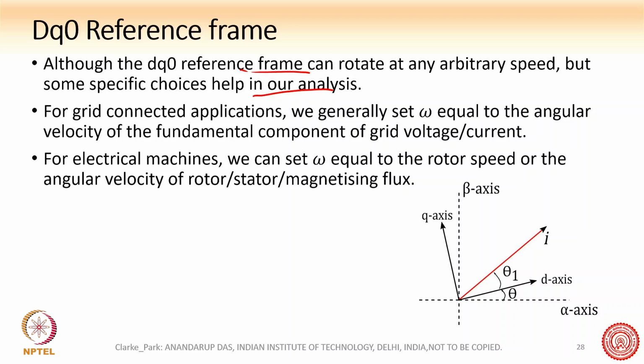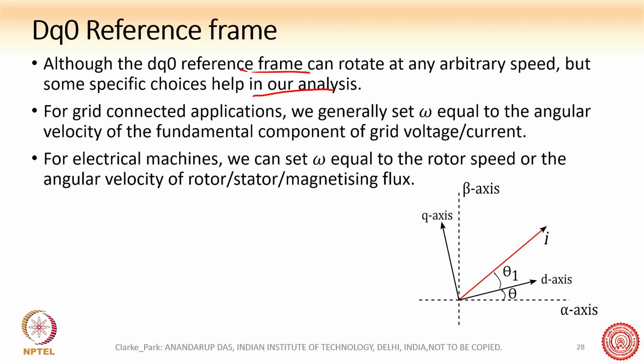But for electrical machines we can set omega equal to the rotor speed. So if it is the rotor speed, it will be different from the stator or rotor magnetizing flux. In PMSM they will be the same at steady state, but in an induction machine the rotor speed and the rotor flux are not at the same speed.